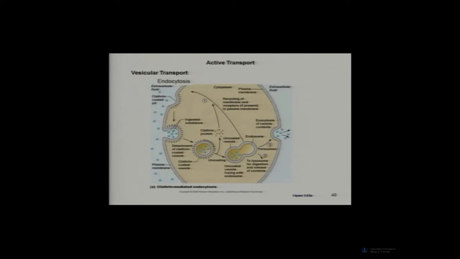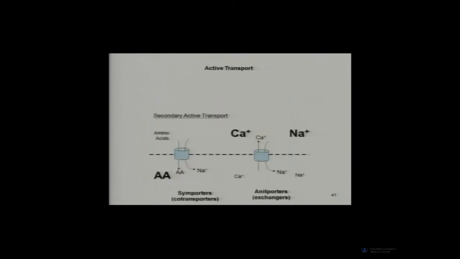It can involve a receptor, so the substance could bind to a receptor and then the entire thing gets internalized, or it can happen without the binding to a receptor. Okay, so it could be receptor mediated, receptor non-mediated. I'm not going to get into the details, but basically vesicular transport is another important example of primary active transport. Involves ATP.